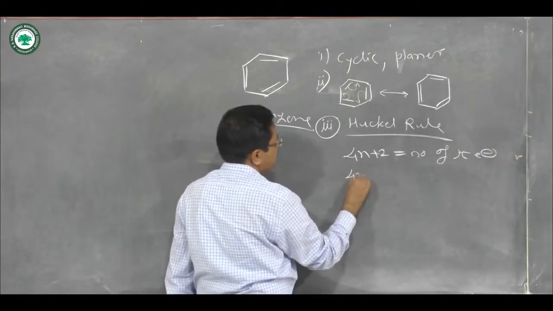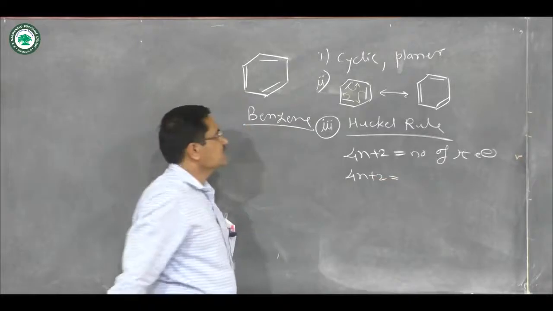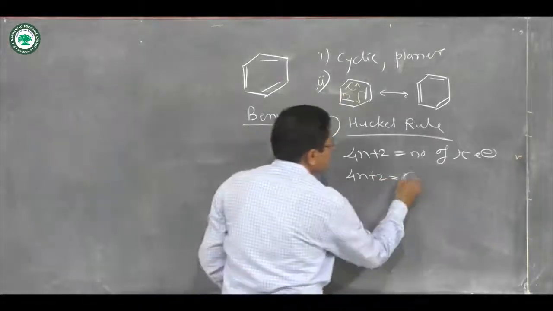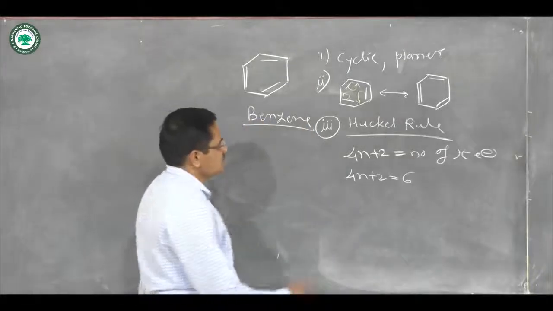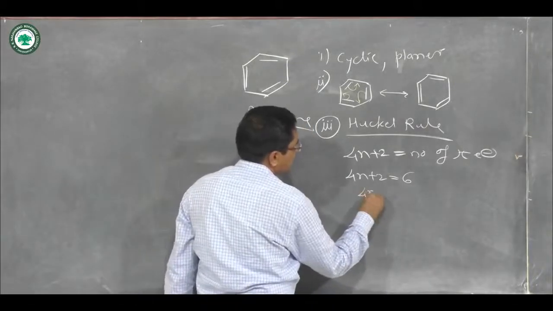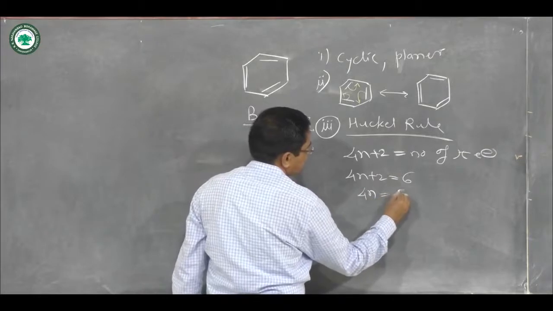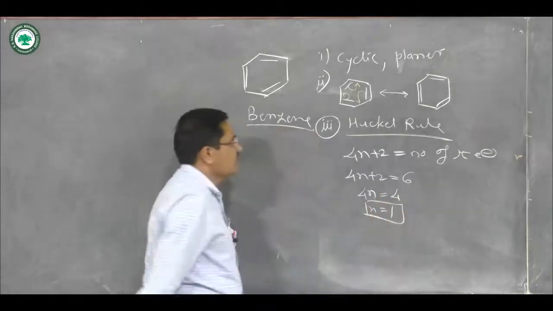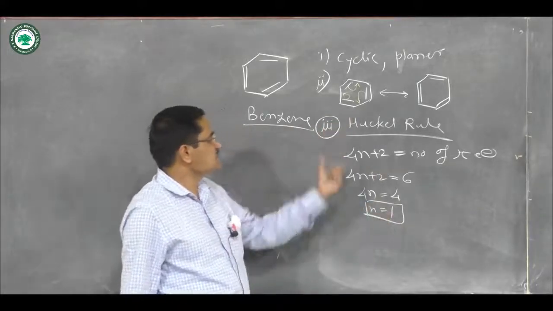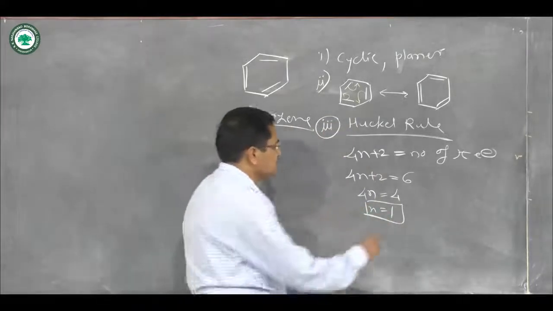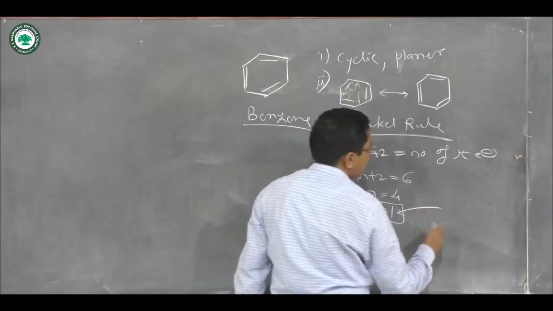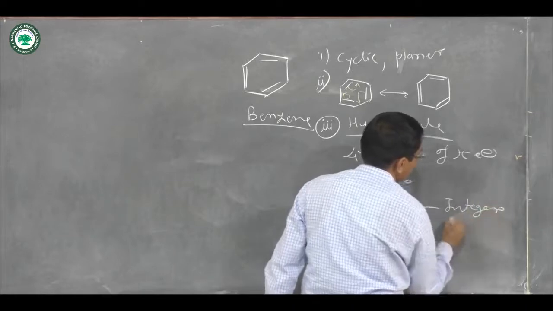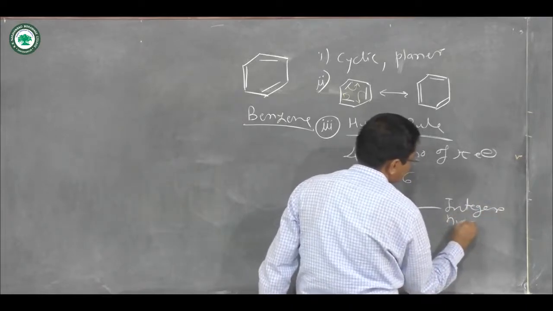There are 3 pi bonds and hence 6 pi electrons, and we solve this equation. 6 minus 2 is 4, n equals 1, and 1 is nothing but the number of rings, and this is always an integer number.